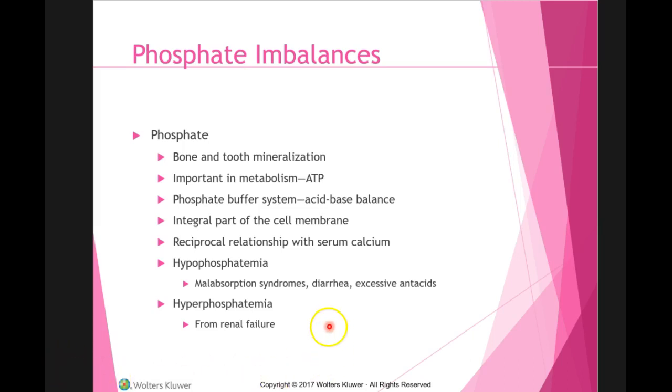If you think about it, due to the relationship of phosphate and calcium, the manifestations of hyperphosphatemia are the same as those of hypocalcemia.